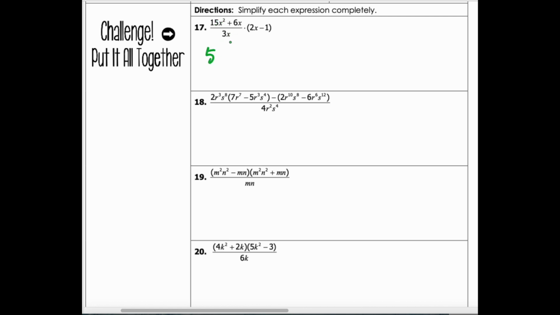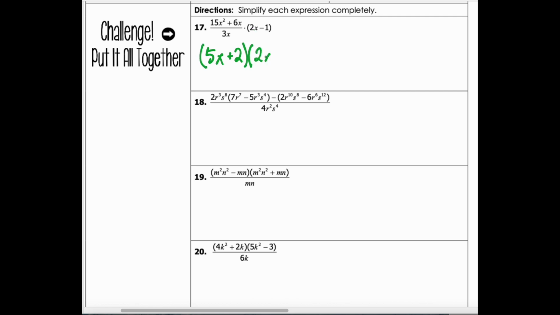Then we subtract our exponents, which is going to leave us with 1x. Then 6 divided by 3 is 2. When we subtract the exponents, that would cancel out our x's, leaving us with just 2.